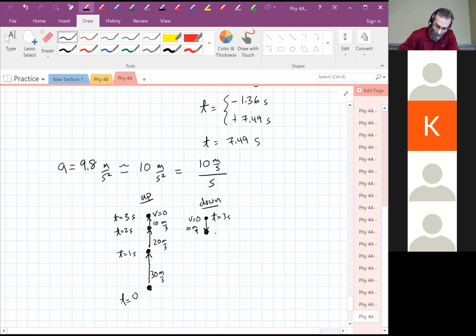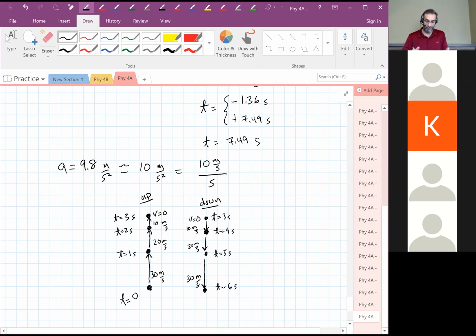It's going to be right here, right? One second later, at t equals 5 seconds, where's it going to be? It's going to be down here. And at t equals 6 seconds, it's going to be right back where it started, and it's going to be going 30 meters per second.